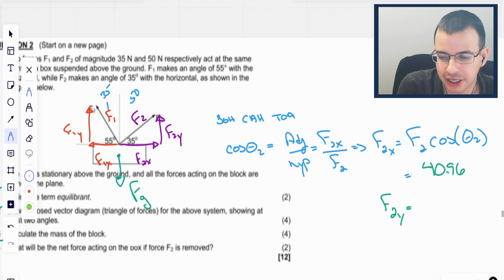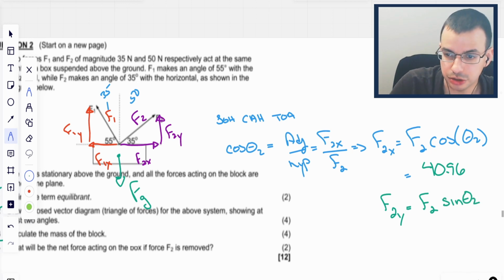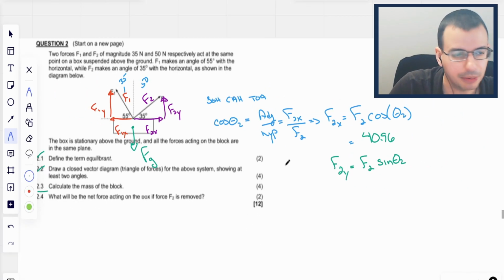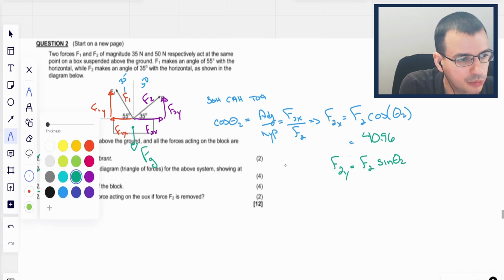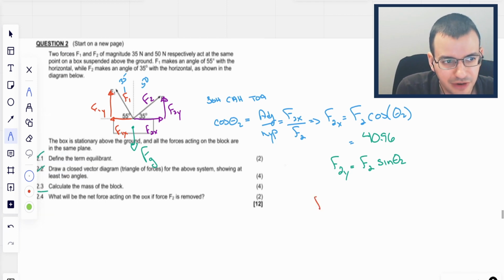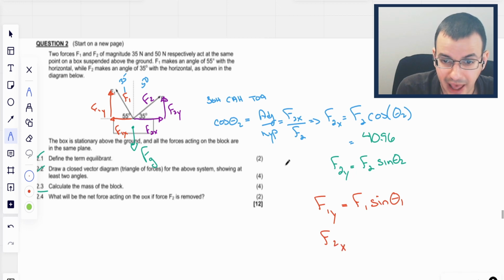We find F2y is going to be F2 sine of theta 2. And when we apply the same concept to F1, we find that F1y is F1 sine of theta 1, and F1x is F1 cosine of theta 1.